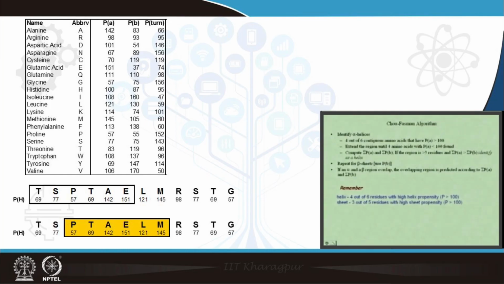What is this 6 telling you? That if you have 4 out of these 6 that have a Pa value greater than 100, then you have an alpha helix. If your Pa value is less than 100, you do not have an alpha helix anymore.